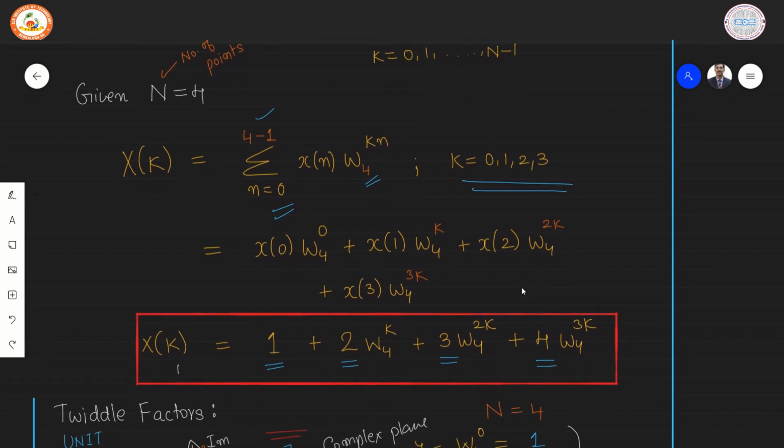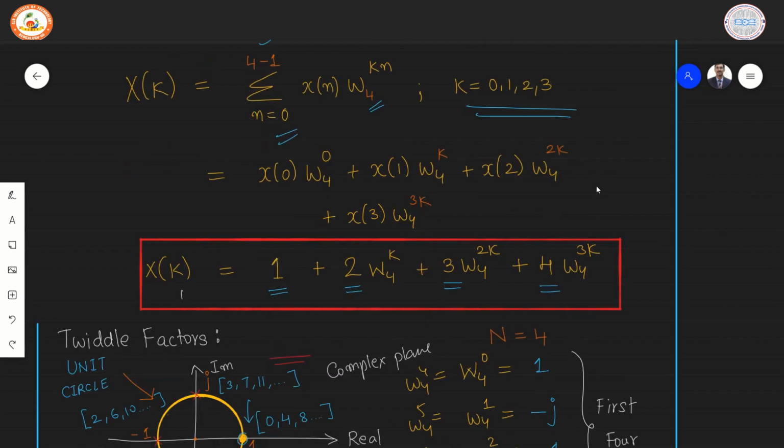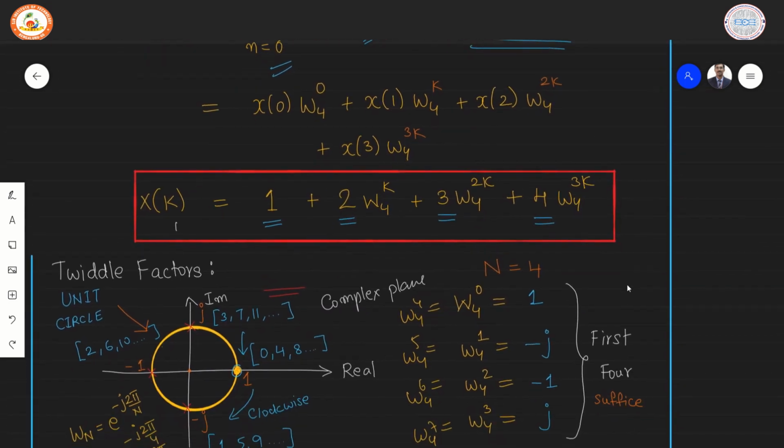Now this equation has to be solved taking the value of k, which is 0, 1, 2 and 3. But before we proceed for the solution, we should find out what are the different twiddle factor powers that we require. Let us learn how to compute the twiddle factor powers.